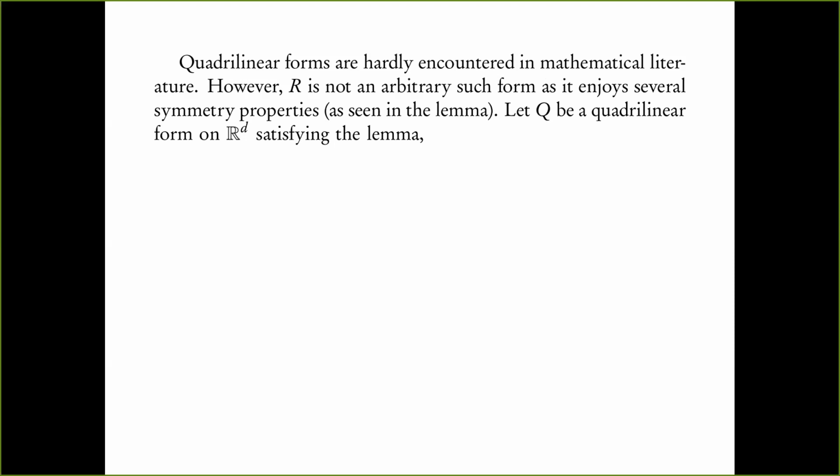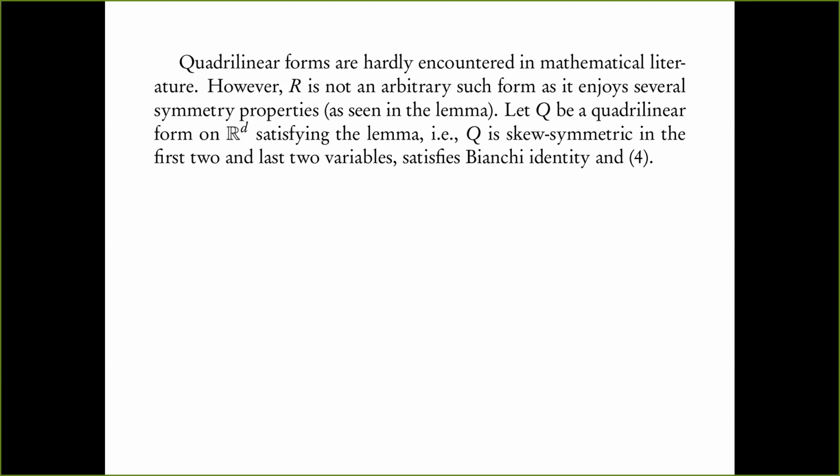If you swap the first two with the last two, there's no change, and there's the Bianchi identity, which is some sort of a cyclic symmetry. So Q is antisymmetric in the first and last two variables, symmetric under swapping the pairs, and satisfies the Bianchi identity. Is it clear what I mean by a quadrilinear form satisfying the lemma on Rd?